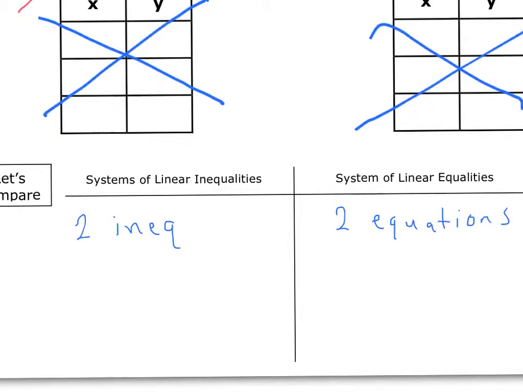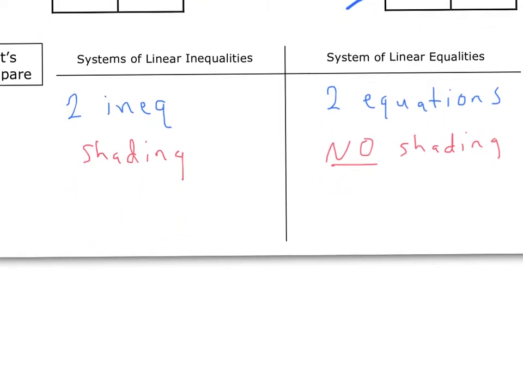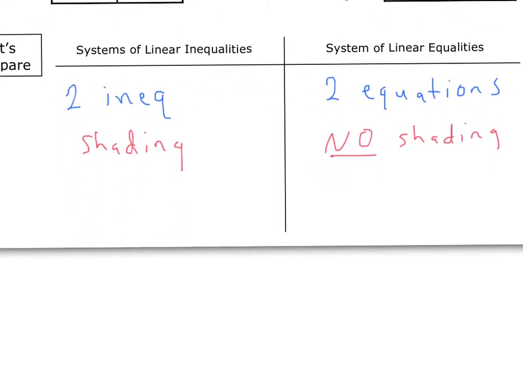So both of them have 2. The first difference that you'll see is that systems of linear inequalities will have shading, and systems of equations will have no shading. So there's your first glaring difference between the two.